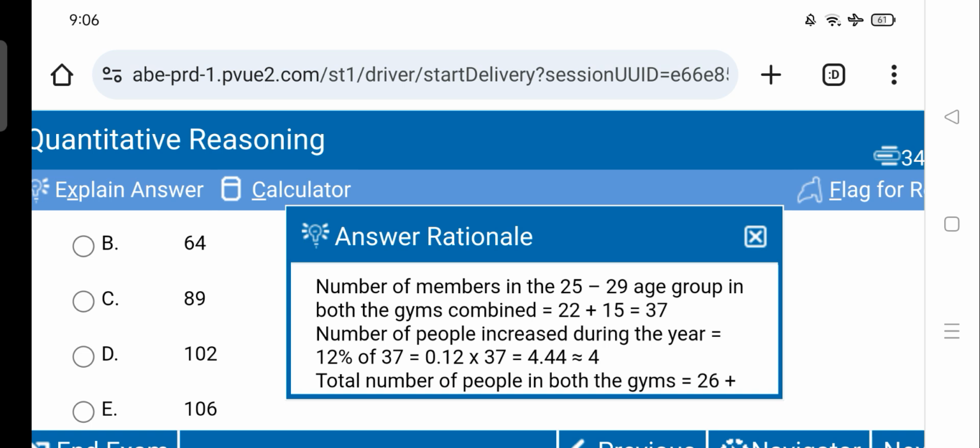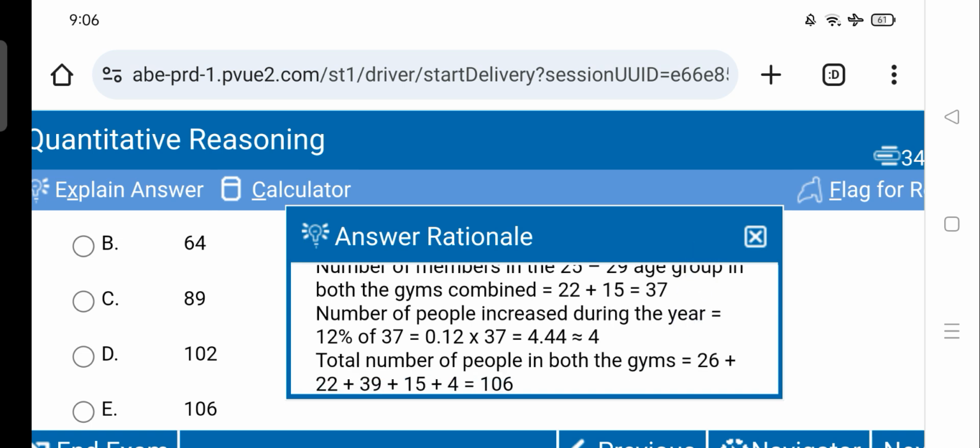Number of members in the 25 to 29 age group in both the gyms combined equals 22 plus 15 equals 37. Number of people increased during this year equals 12% of 37. So 0.12 multiplied by 37 equals 4.44, which is approximately 4.